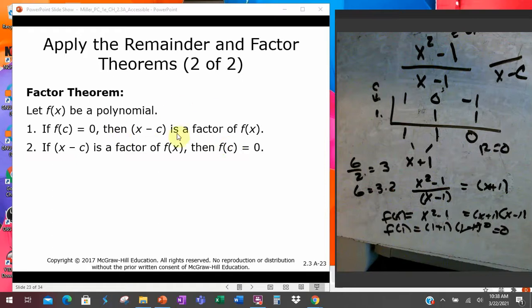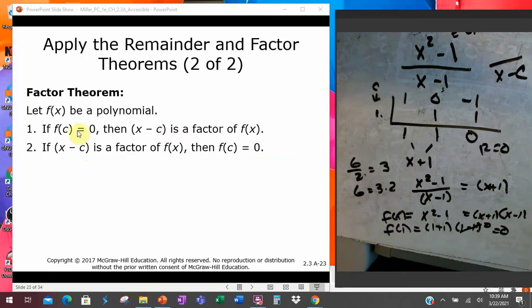If I can divide a function by a linear factor in this form, if I divide it evenly so that I have no remainder, then basically that is a factor. And then when I evaluate this function, since I can rewrite this, I have no remainder out here, then that is just going to be 0.